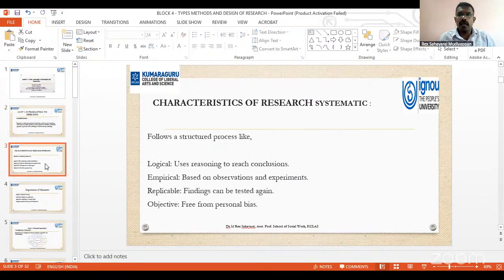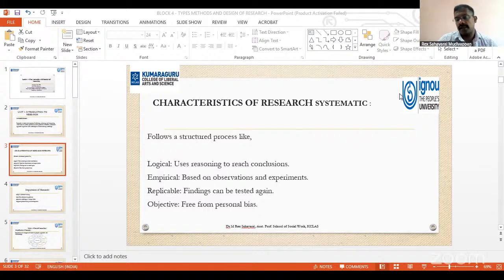So for that you have the characteristics of research. Systematic: it is a structured process. It is logical, which means it uses reasoning to reach conclusions. Very important.